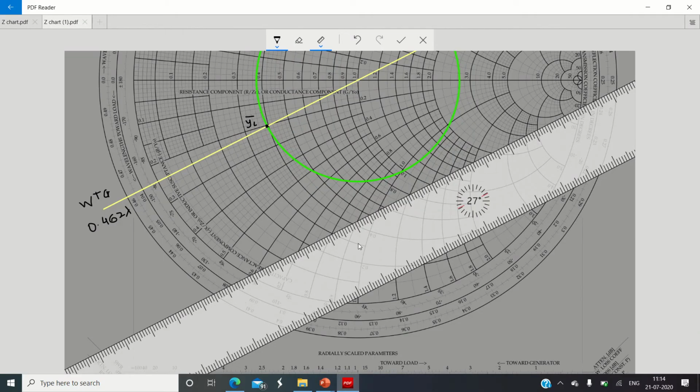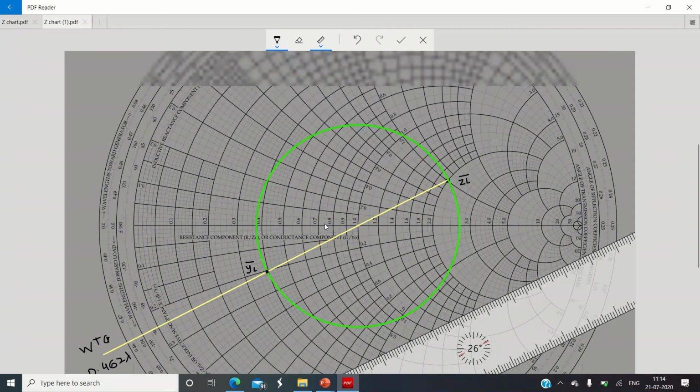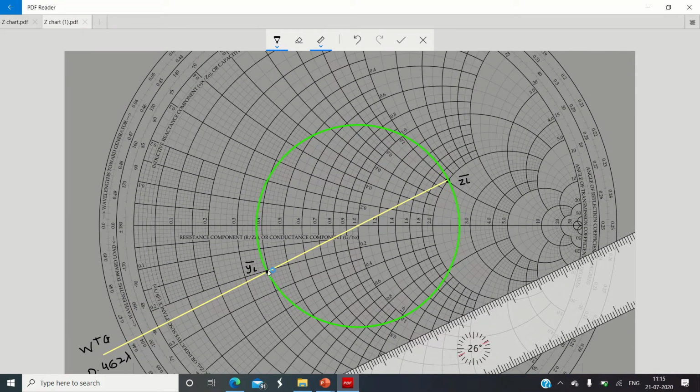Then what is the next procedure? Take your pencil or pen, put it on the YL bar point, and start tracing the VSWR circle in a clockwise direction until you intersect the unit conductance circle.